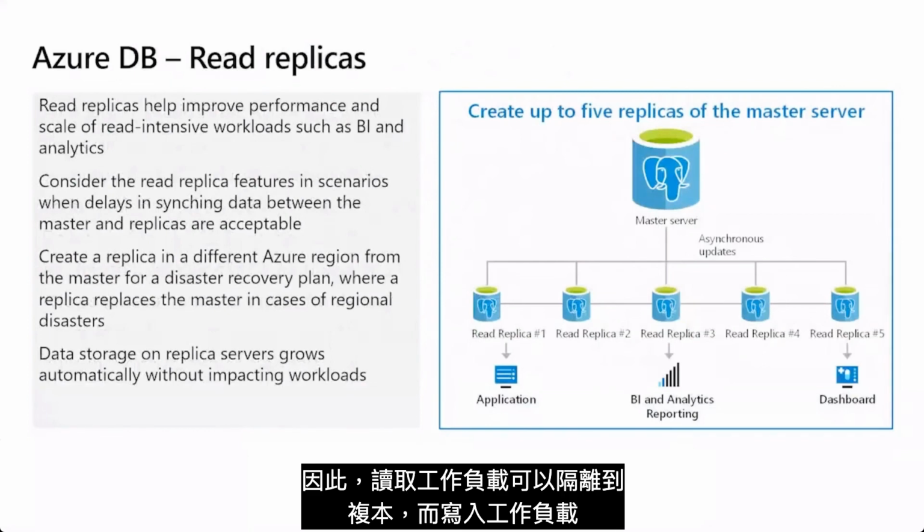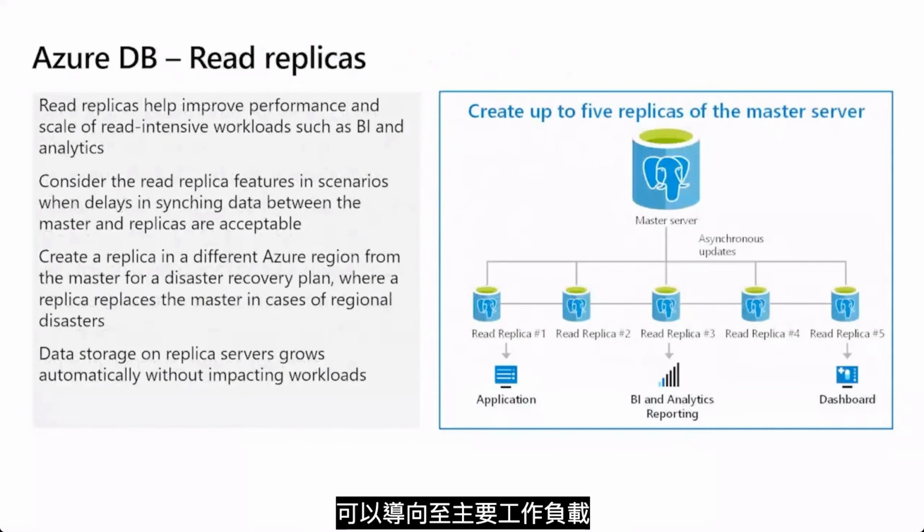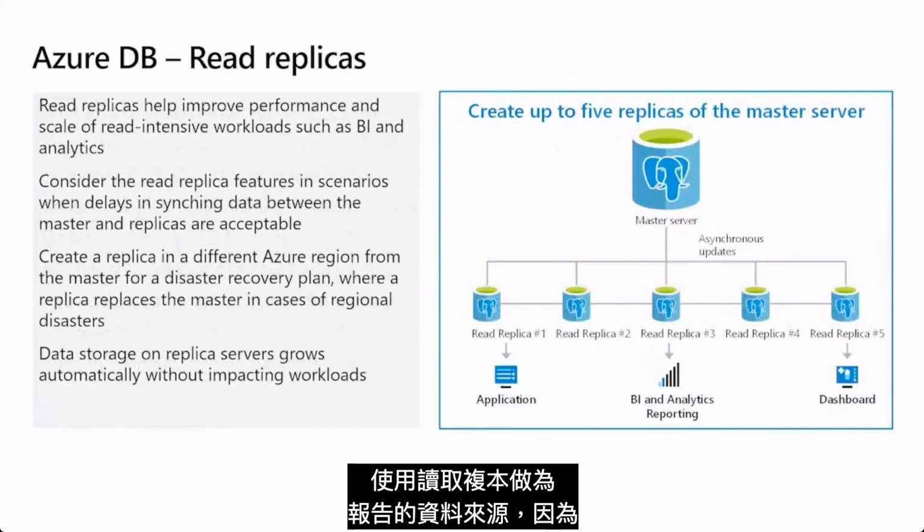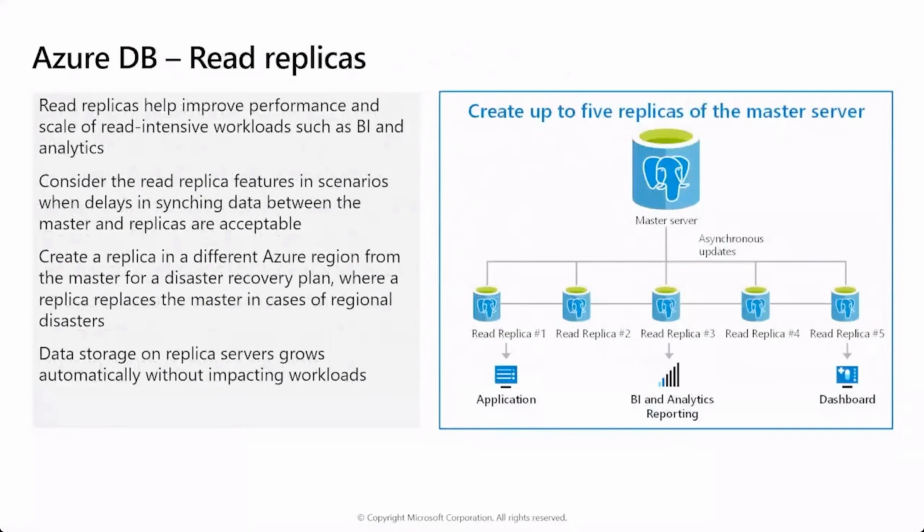So read workloads can be isolated to the replicas, while the write workloads can be directed to the master. A common scenario where you might use this is if you've got analytical workloads that use the read replica as the data source for reporting. Because the replicas are read-only, they don't directly reduce the burden of write operations on the master. Now, this kind of replica feature isn't targeted for write-intensive workloads.